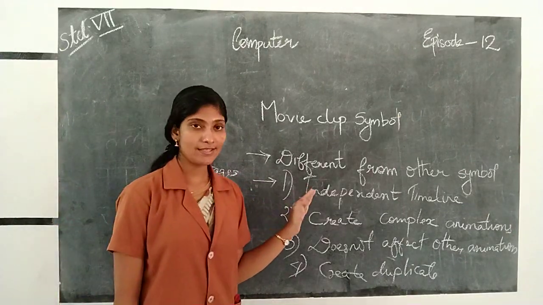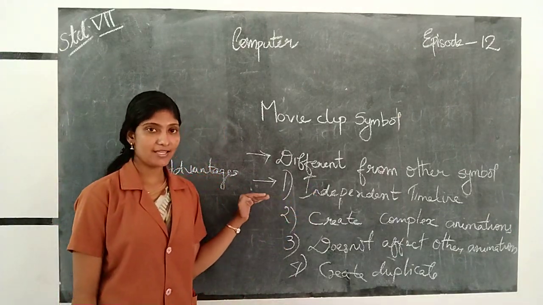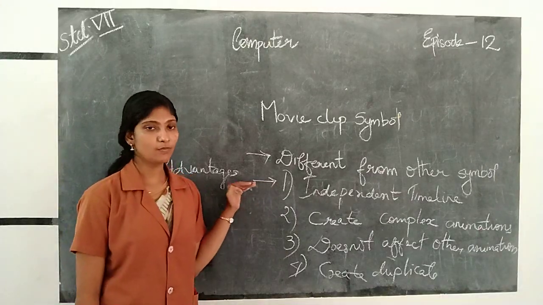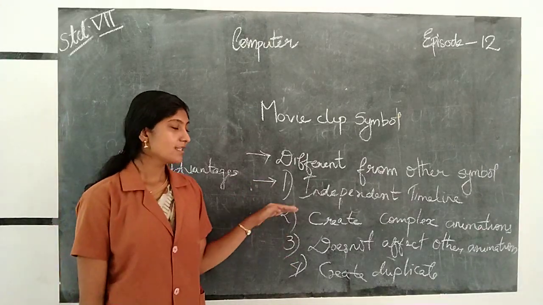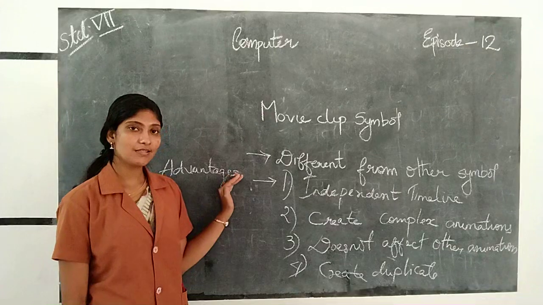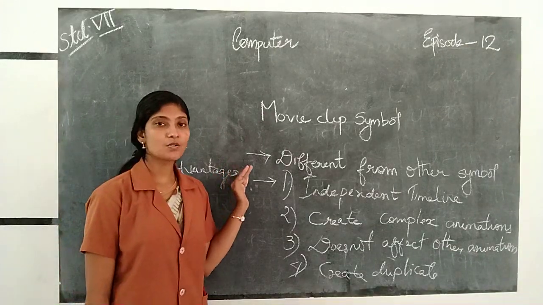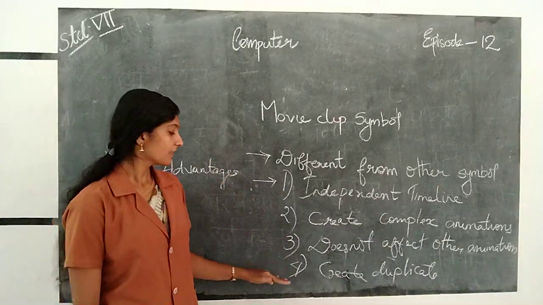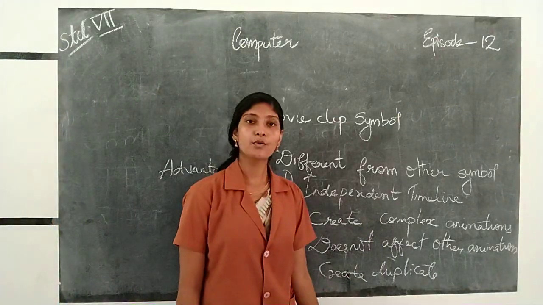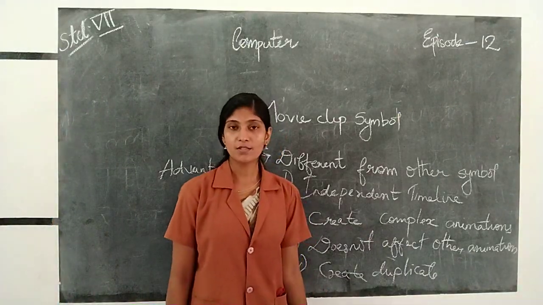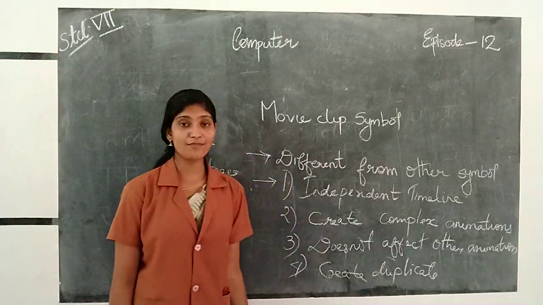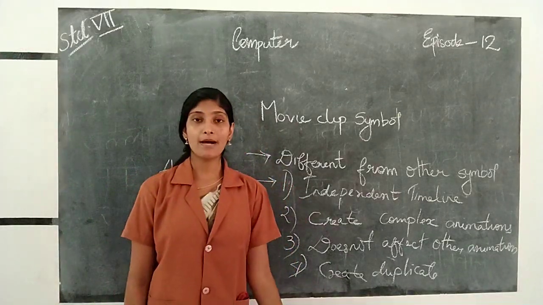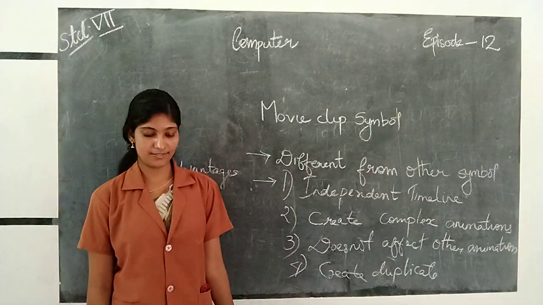Second one, we can create complex animations inside the movie clip. Third one, so that it does not affect the animations which is already present in the Flash software or main scene. Then fourth one, we can create duplicate movie clips so that we can produce multiple movie clips.